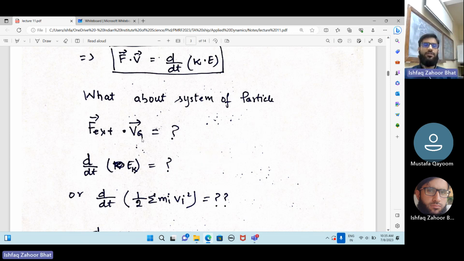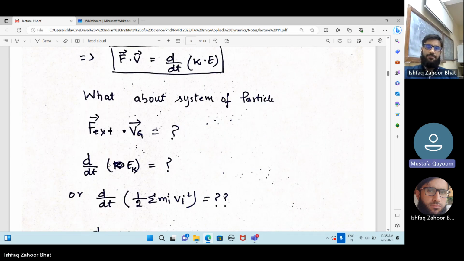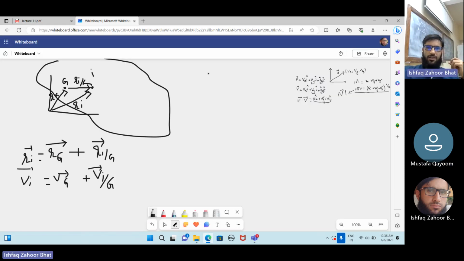F external dot Vg. According to this, F external dot Vg is equal to d by dt of one half of m total into velocity of center of mass squared plus d by dt of summation of mi vi squared. Okay, hold on, I will write.